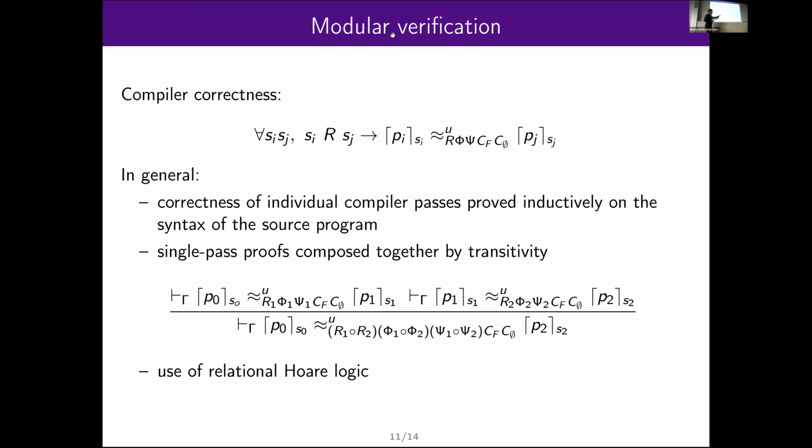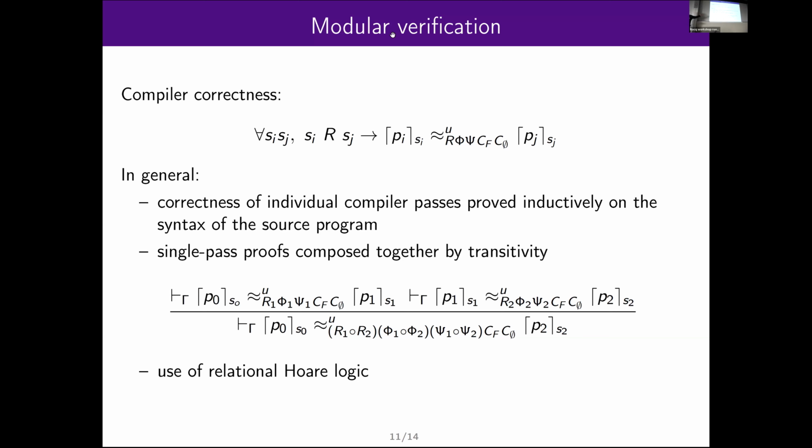In particular, the CF means that the failure is a cutoff in the source, whereas the C null means that we have no cutoffs in the target. We prove each of these statements, which corresponds to verification of each compiler pass, by simple induction on the syntax of the source program.